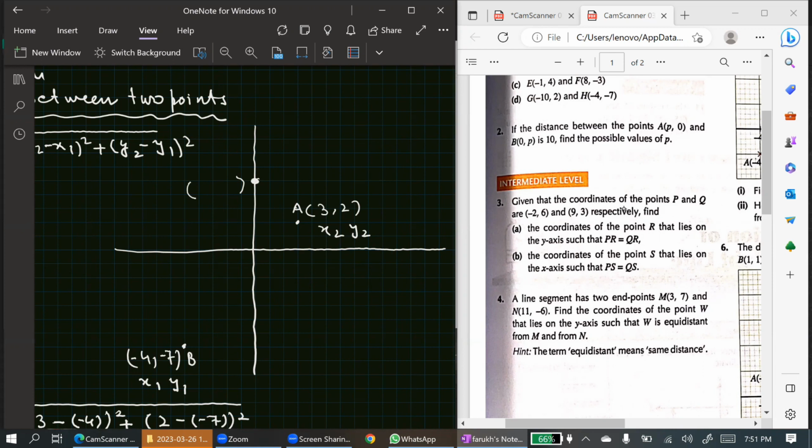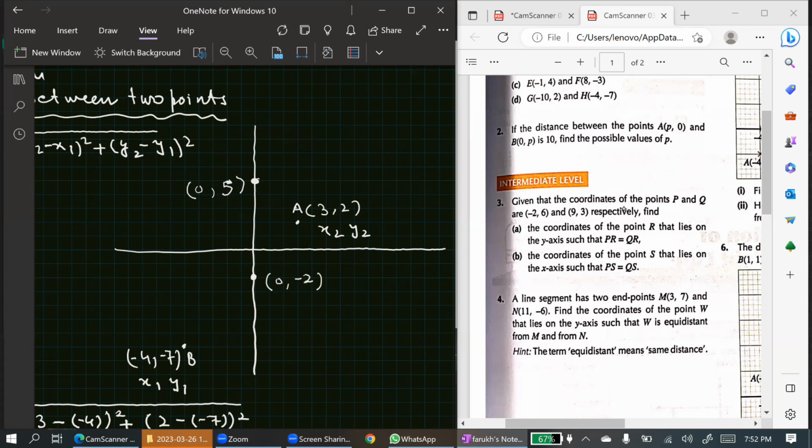Please describe this point. What is the x coordinate of this point? 0. And what's the y coordinate? 5. Yes. What's the coordinate of this point? X is 0 and y is -2.